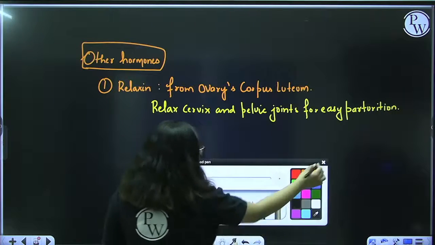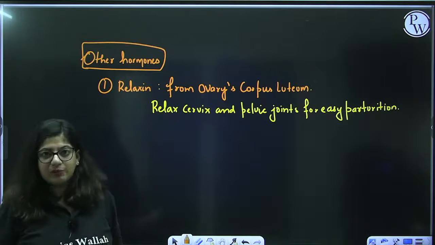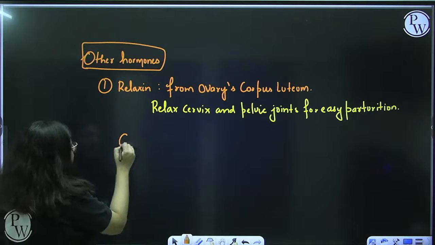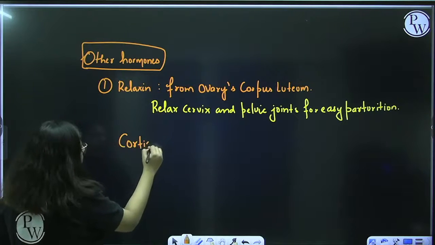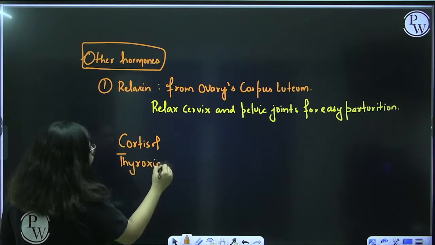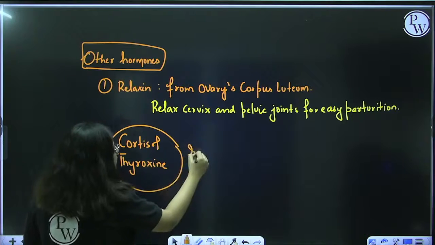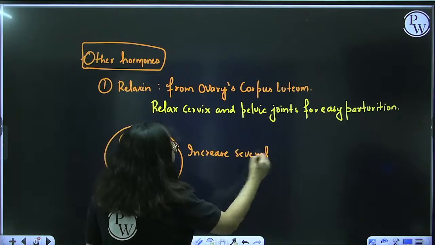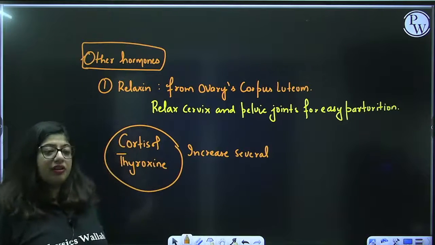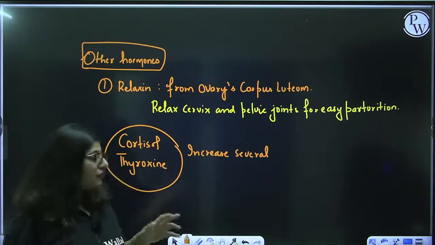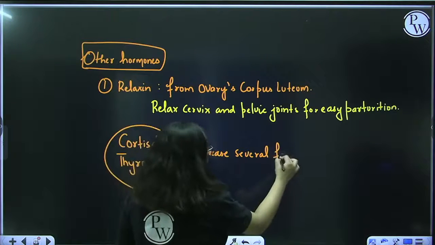Apart from that, in a female, whenever she is pregnant, other hormones also increase, like cortisol and thyroxine. These hormones in a female also increase several folds. That means if you check the thyroxine level in a pregnant female and in a normal female, it will be very different. So, they increase several folds.